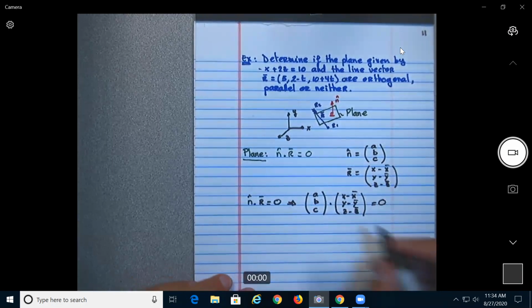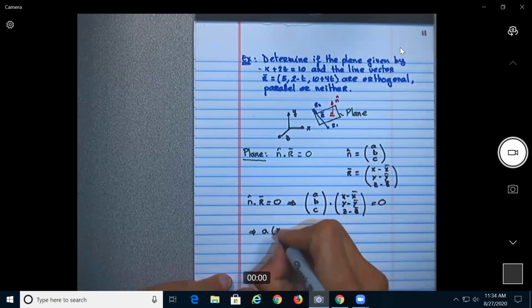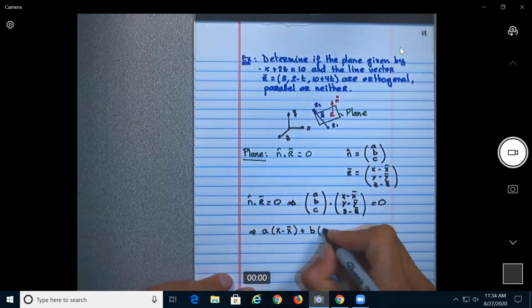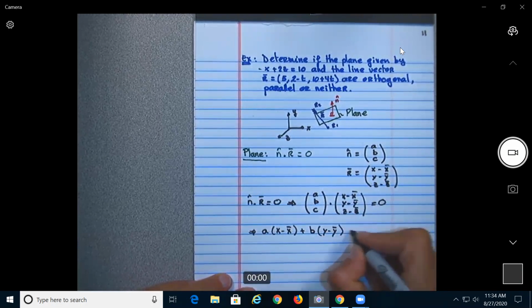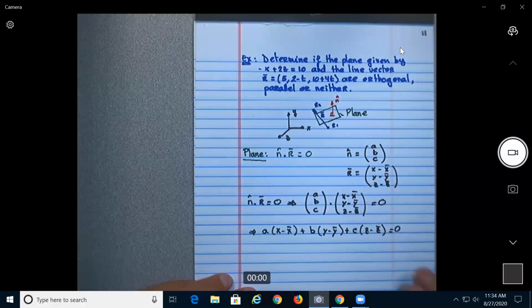If I expand that, this would just give you a times (x - x bar) plus b times (y - y bar) plus c times (z - z bar) equal to 0.